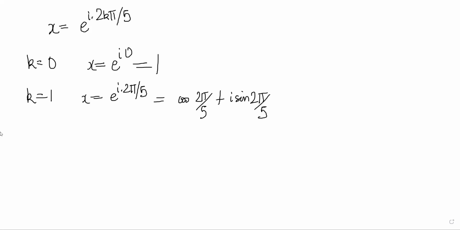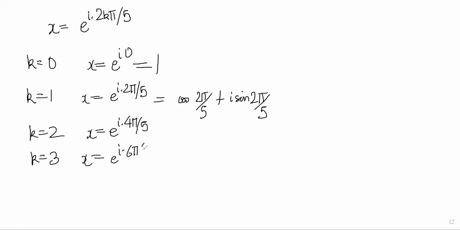If k is equal to 2, you'll get x is equal to e power I 4 pi by 5. If k is equal to 3, you'll get x is equal to e power I 6 pi by 5. And if k is equal to 4, you'll get x is equal to e power I 8 pi by 5.